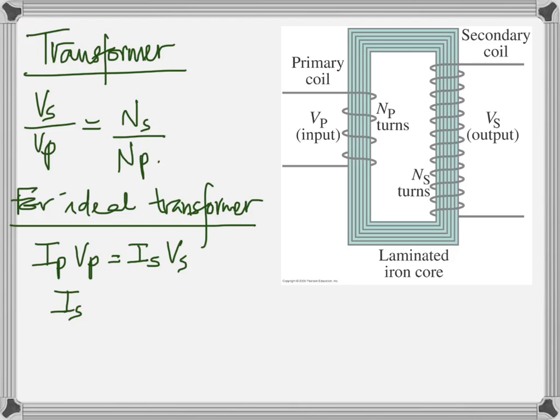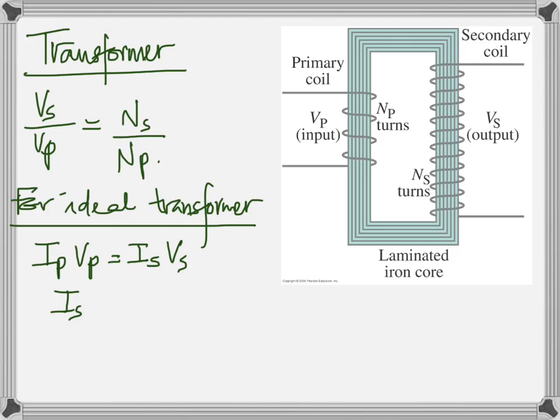Now, that doesn't mean that there is no loss of energy. There will be loss of energy in several ways. I'm just going to run through them. Number one, there will be heating losses in the coils. A certain amount of energy will be lost in the form of heat in both the primary and the secondary. Number two, all the magnetic flux of the primary is not going to be linked with the secondary, correct?